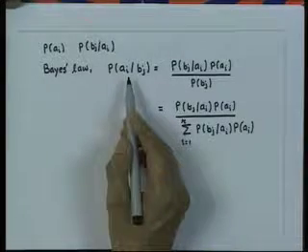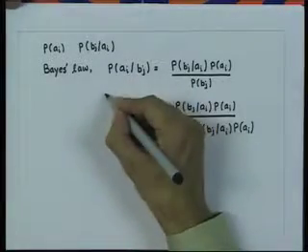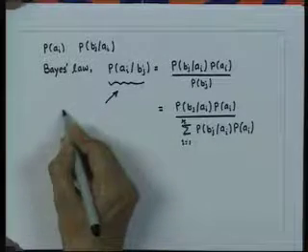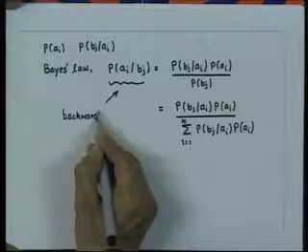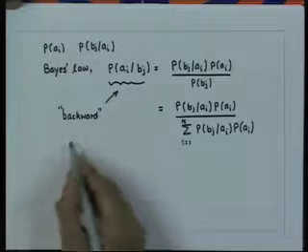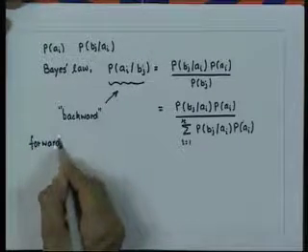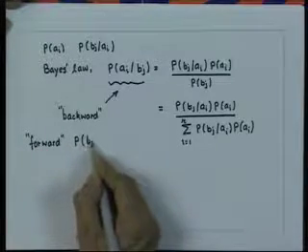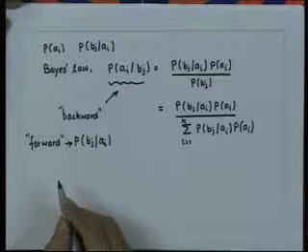So, the probabilities Ai given Bj are sometimes referred to as backward probabilities in order to distinguish them from the forward probabilities, which are indicated by probability Bj given Ai.